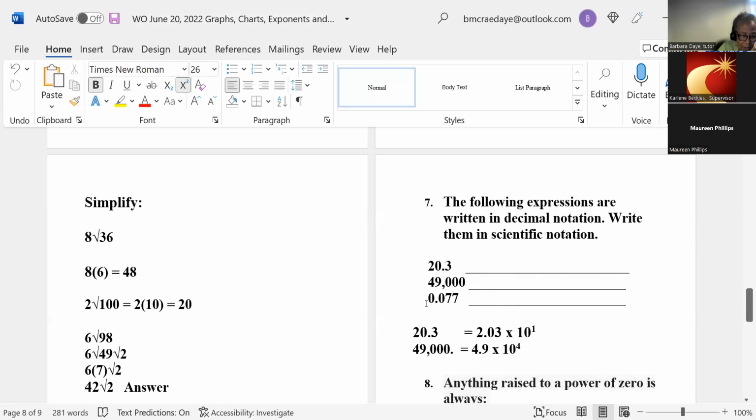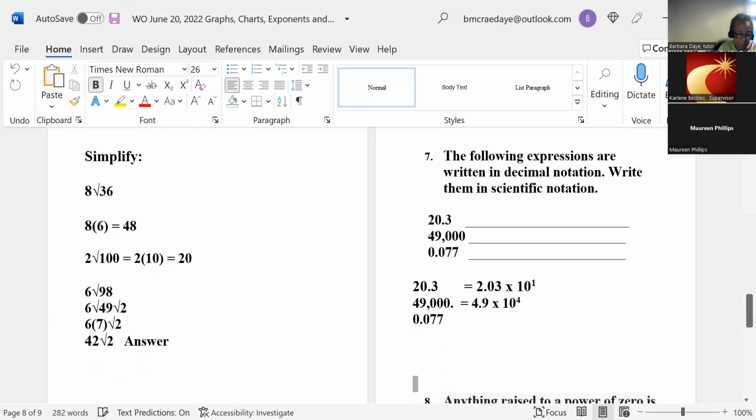But now if I go to 0.077, I'm moving my decimal point to the right. So let's just put that on there. Okay, Maureen, what would that be equal to? You put it to the right, right?